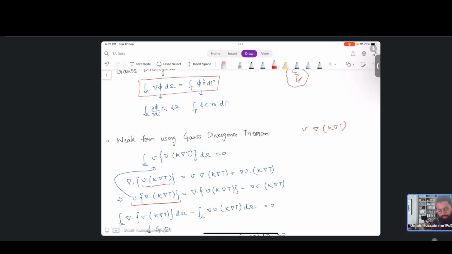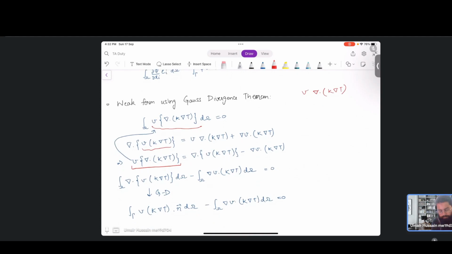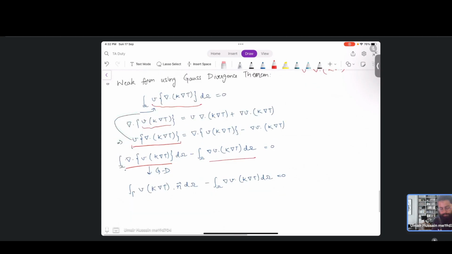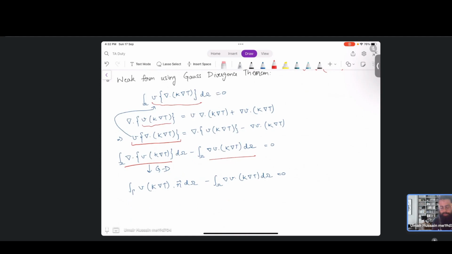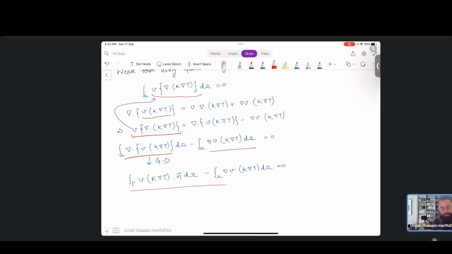To evaluate this term, we replace it with the other two terms. Now we have this term and this term. Here we have the divergence of this whole term, so we can apply the Gauss divergence theorem and change it to a surface integral. This is usually what we are left with in the weak form.